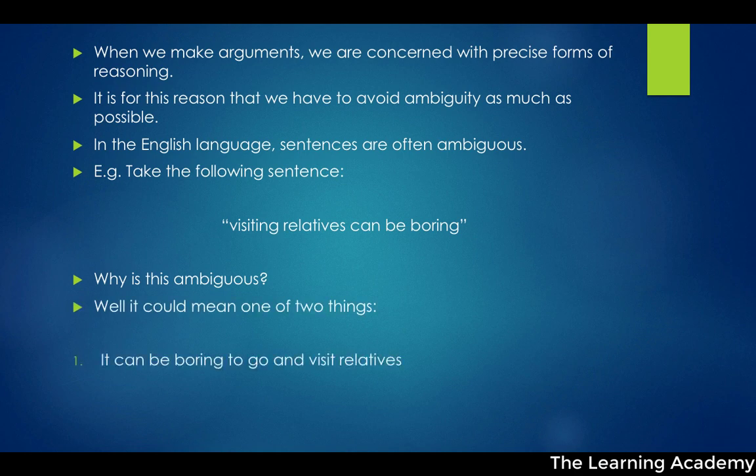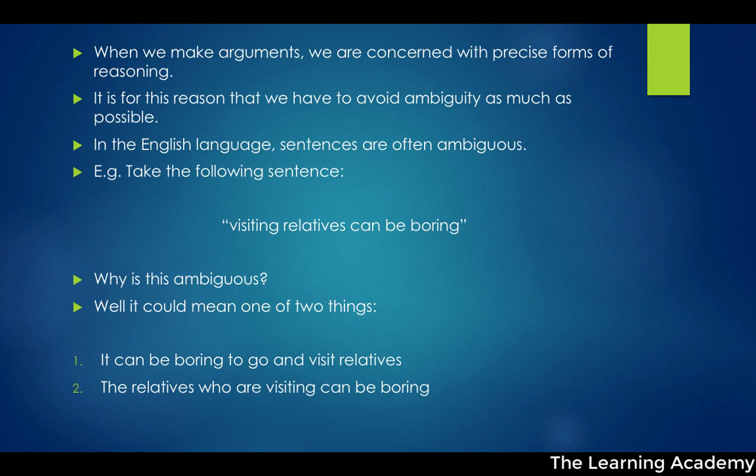It could mean that it can be boring to go and visit relatives, so that activity is boring. Or it could mean that the relatives who are visiting are the people who are boring. So the same sentence represents two different meanings.